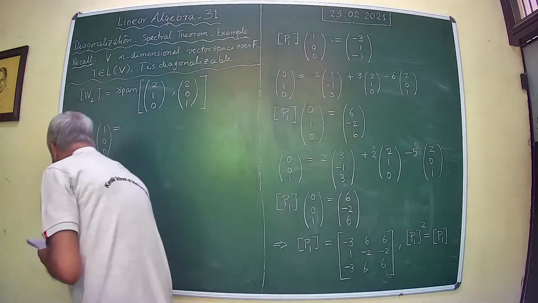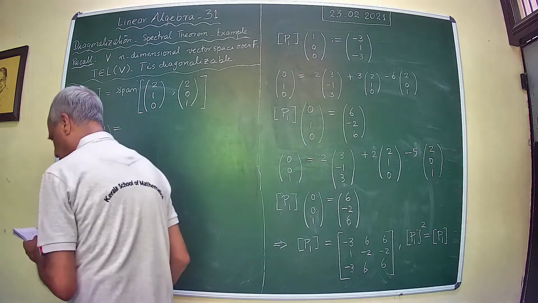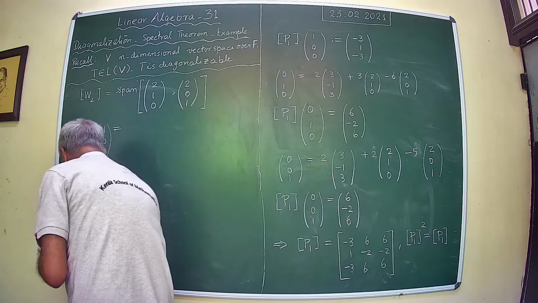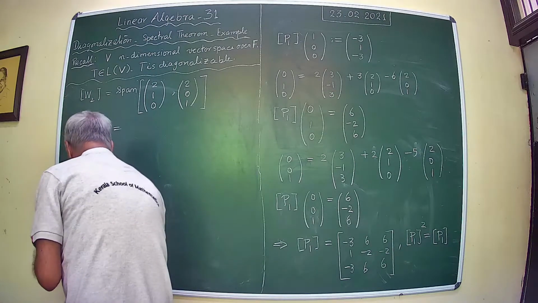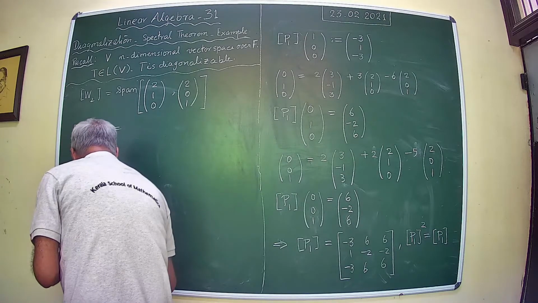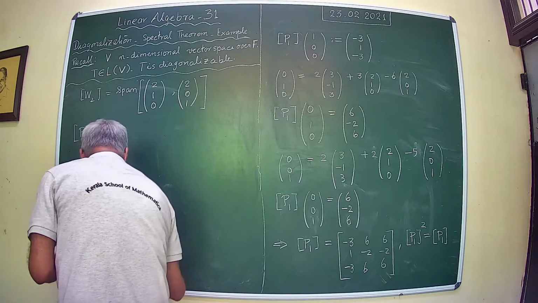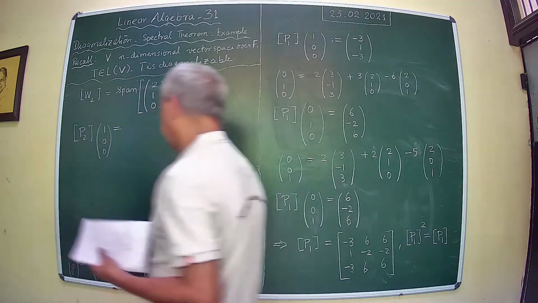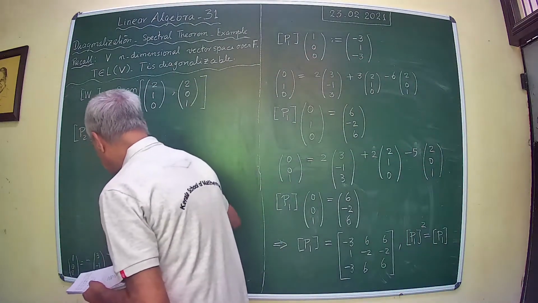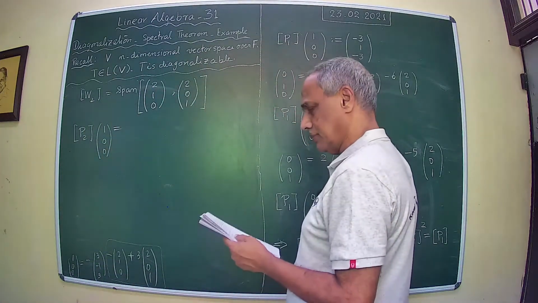Let me just write here: 1, 0, 0 is resolved into minus 3, minus 1, 3, then minus 2, 1, 0, and plus 3 times 2, 0, 1. This is the resolution. Therefore, P2 of this will be essentially the W2 component.